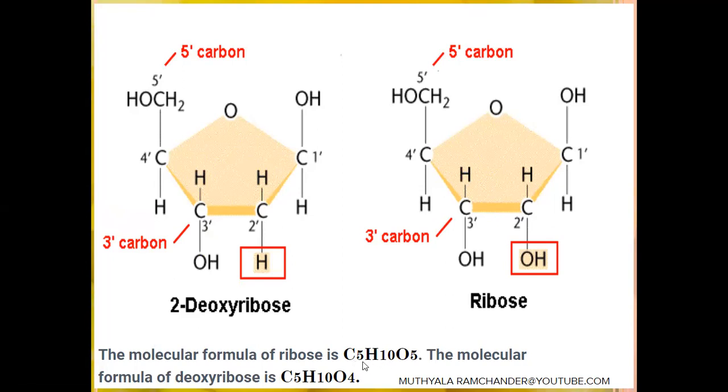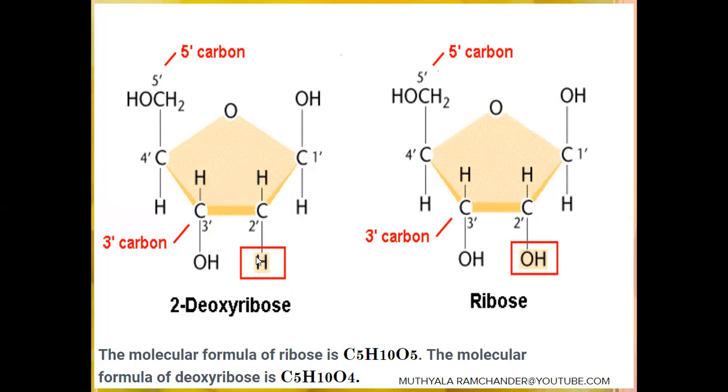If we observe the deoxyribosugar and ribosugar chemical formulas, the ribosugar chemical formula is C5H10O5. It is a pentagon ring-like structure, containing 5 carbons, 10 hydrogens and 5 oxygen atoms. The deoxyribosugar chemical formula is C5H10O4.